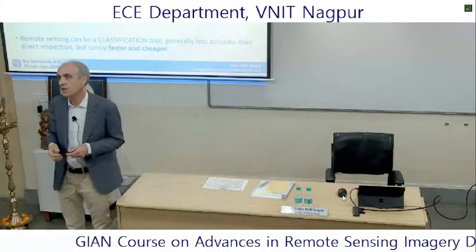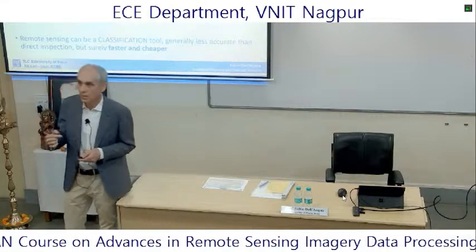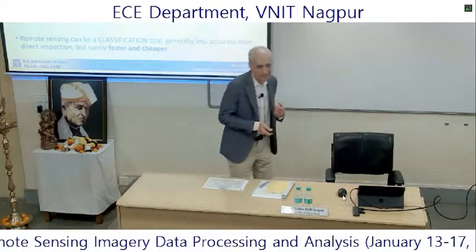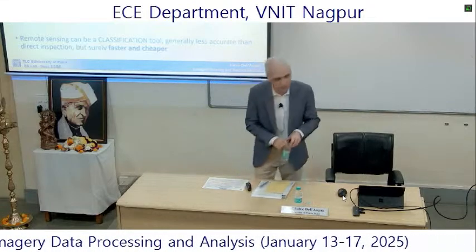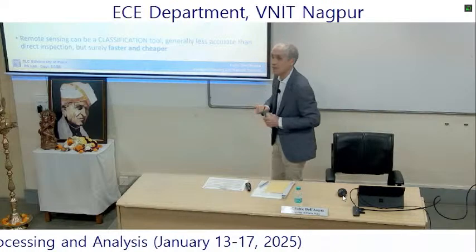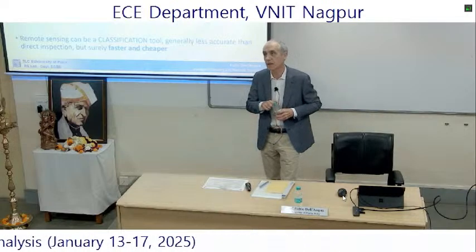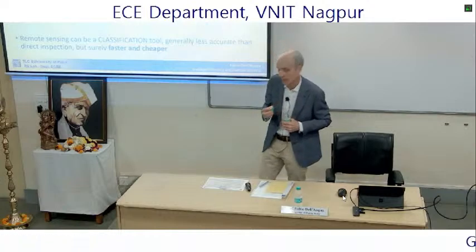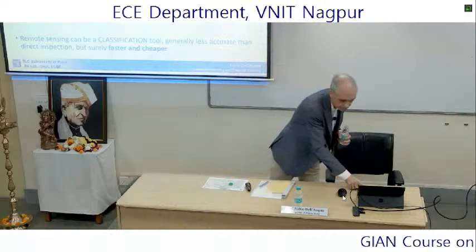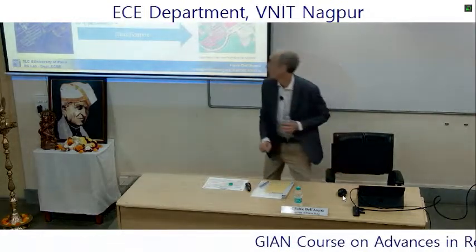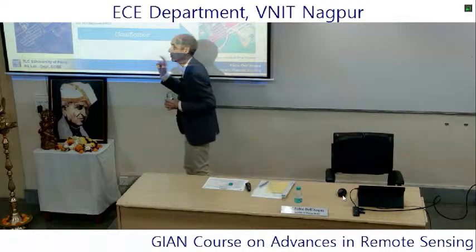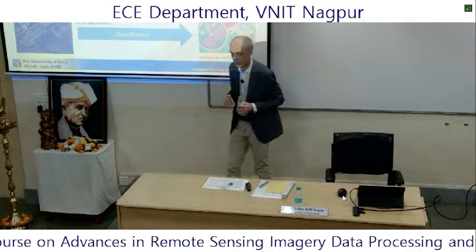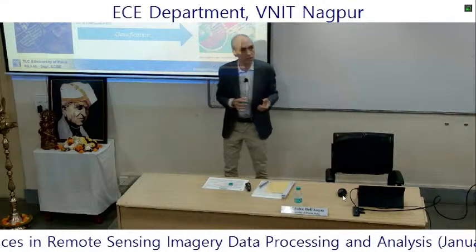These are called information classes. We will see later on that there are also other types of classes which are not information classes. What does it mean, information classes? It means that they are telling you the information that you're searching. You do this because you want to know, for example, the extent of the area which is covered by buildings.